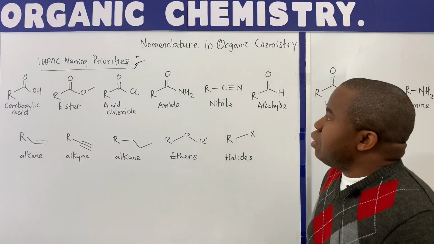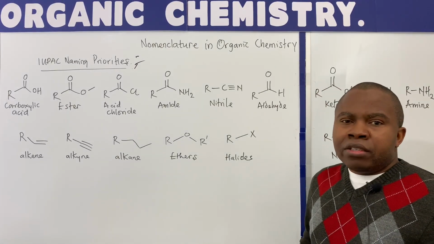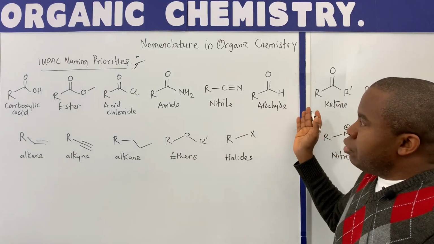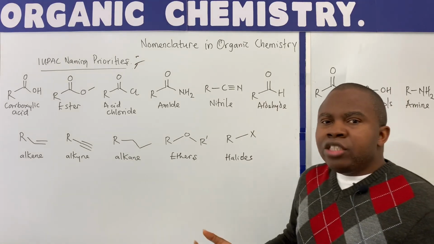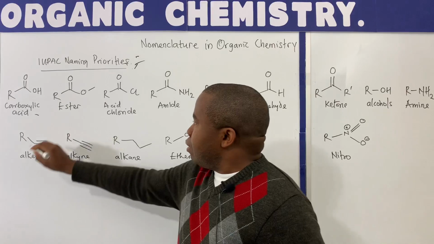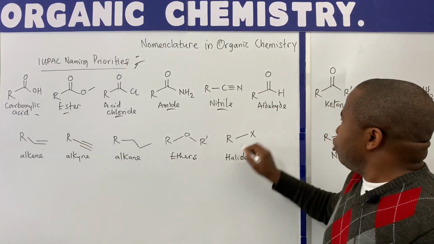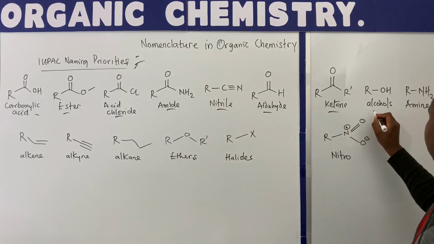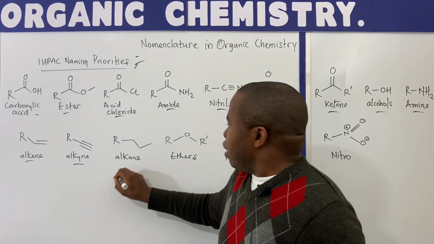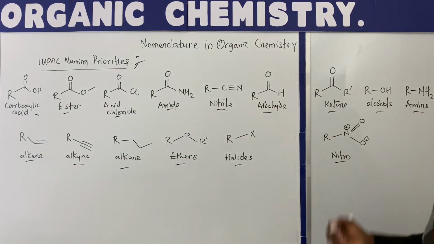So in organic chemistry, like I said earlier, we have different functional groups. And as you can see here, I've listed the major functional groups in organic chemistry. We have the carboxylic acid, ester, acid chloride, amide, nitrile, halides, ketone, alcohol, amine, alkene, alkyne, and alkane.